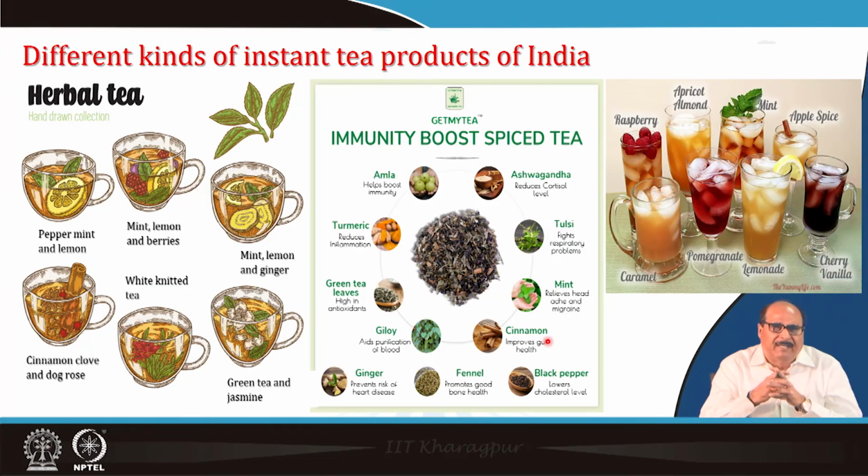Then these are the different kinds of instant tea products available in India, like herbal tea, immunity boosting spiced tea, frozen tea concentrates, iced tea, ready tea, and various combinations and permutations, and a lot of varieties of products are available.